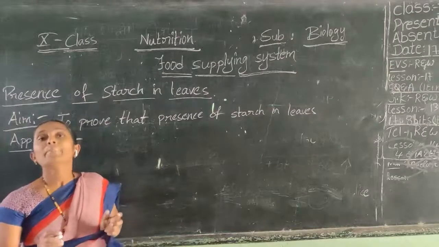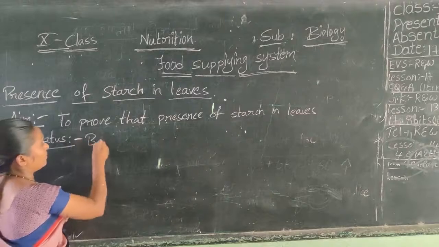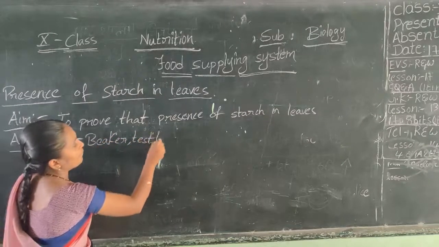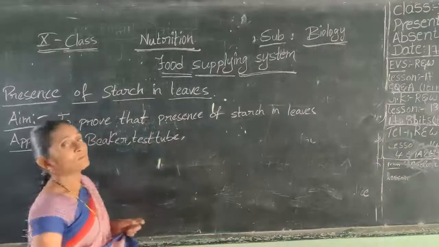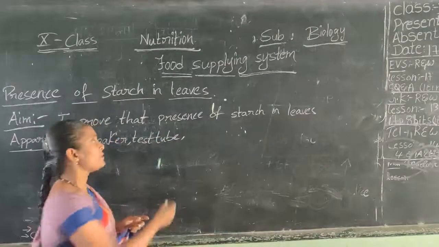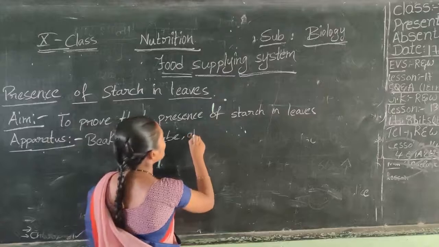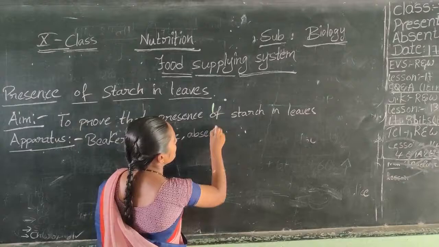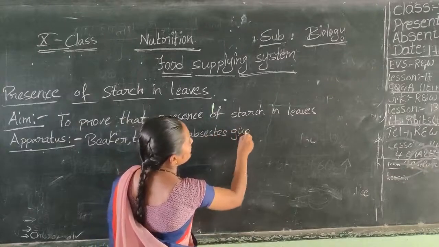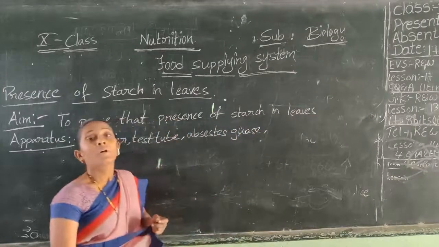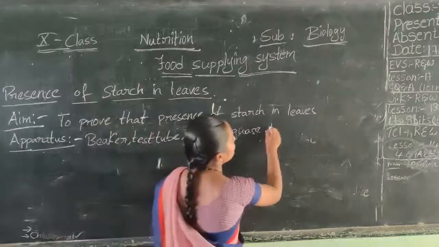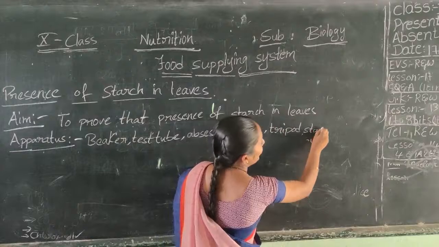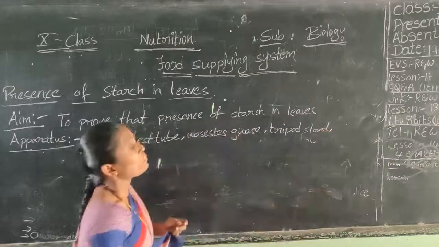One is a beaker, a test tube, then asbestos gauze, a tripod stand, and a Bunsen burner.